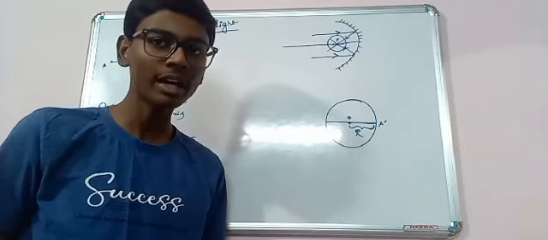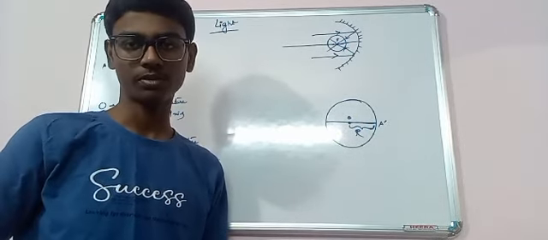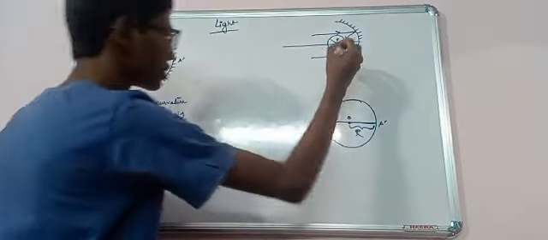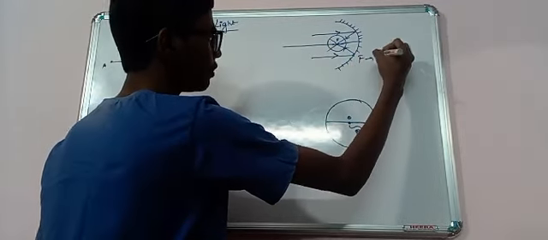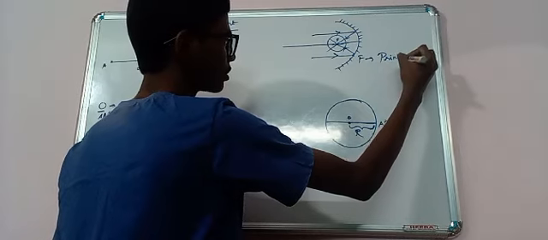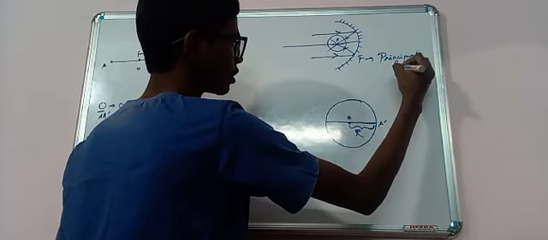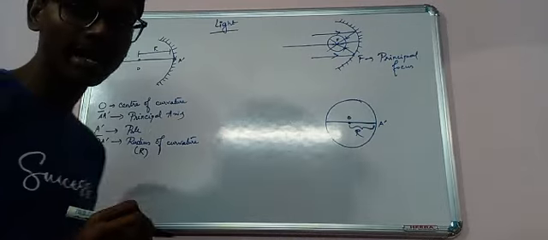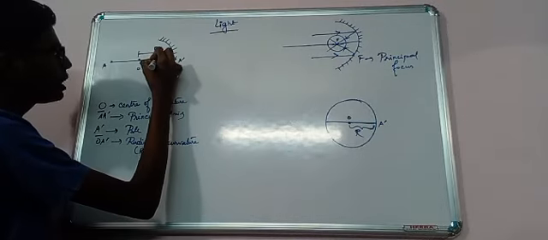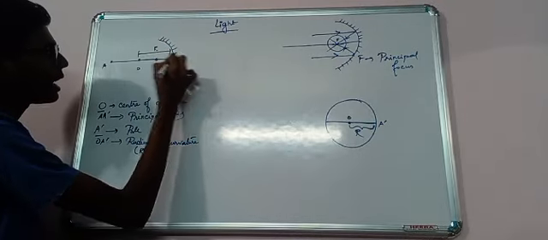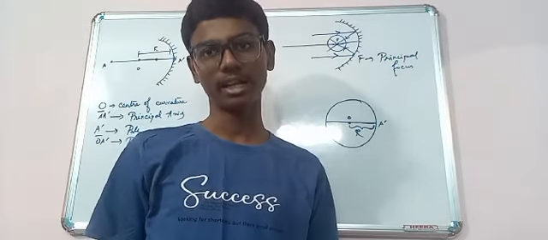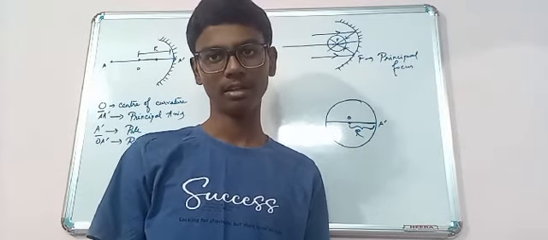Now why did I call it F? Because that is my focus, or principal focus. So F is my principal focus. And the focus is always somewhere between O and A dash, somewhere in the middle.